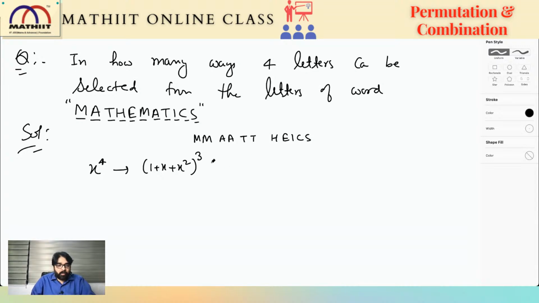And bracket of H, 1 plus x, bracket of E, 1 plus x, bracket of I, 1 plus x, and so on, 5 times. I'm sure everybody understood this point. Right? This step, how many of you wrote? At least this step. I'm not talking about the answer.